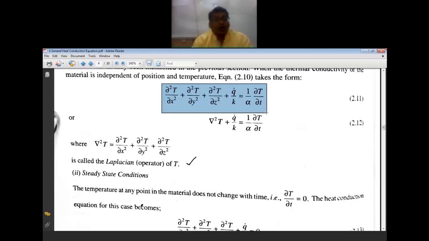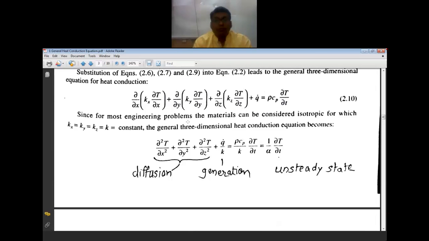It is very essential to understand the different basic terms that are involved: the diffusion term, the generation term and the unsteady state term. Once you understand this equation, you can apply the different conditions to your system. When it is one dimensional, the other terms go to 0: only one direction, no heat generation and unsteady state condition.